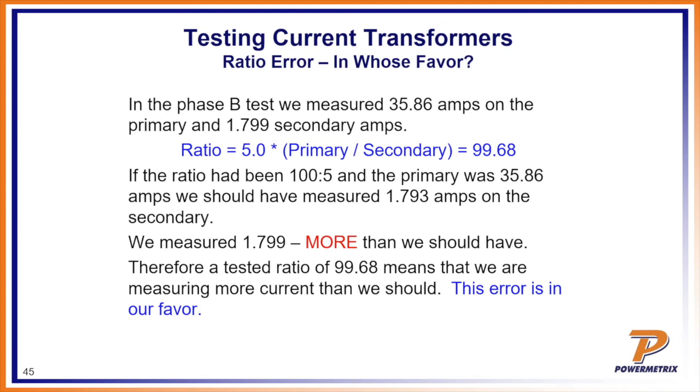In the opposite direction, the customer is getting a deal, getting a bargain on their power. So that's how to interpret that value in a very simple method of who wins in this case. Is it the utility who wins or is it the customer that wins? In this case, the utility is winning.